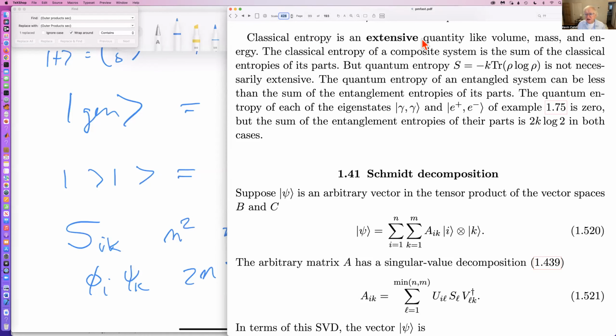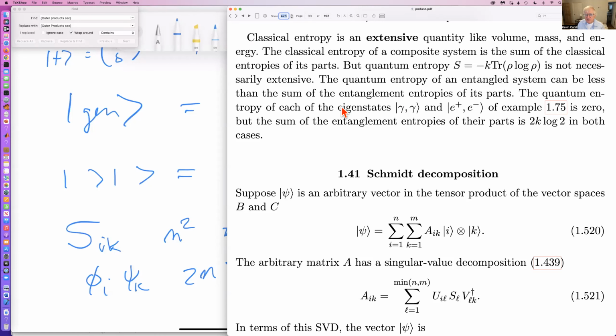Classical entropy is an extensive quantity like volume, mass, and energy. The classical entropy of a composite system is the sum of the classical entropies of parts, but the quantum entropy is not necessarily extensive. The quantum entropy of an entangled system can be less than the sum of the entanglement entropies of its parts.